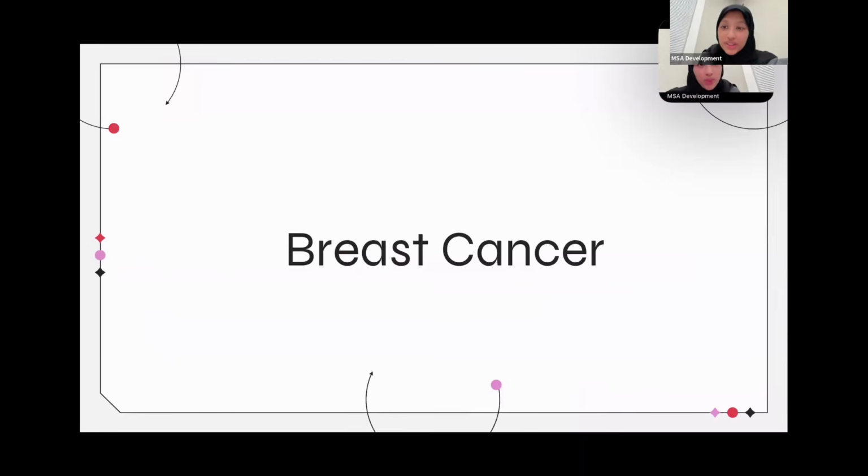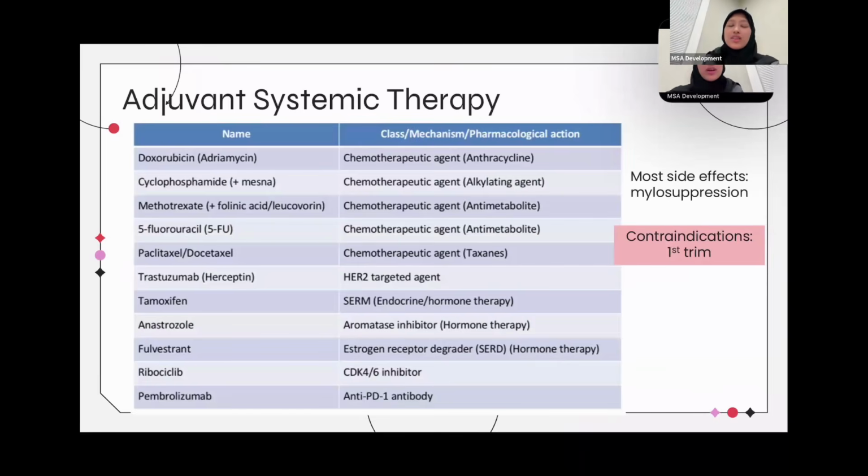Breast cancer is very important. There are a lot of drugs, but Dr. Santosh will most probably focus on the most important part, so hopefully it will be easy. These are all the drugs. For breast cancer, you have chemotherapy agents, you see all of this here.